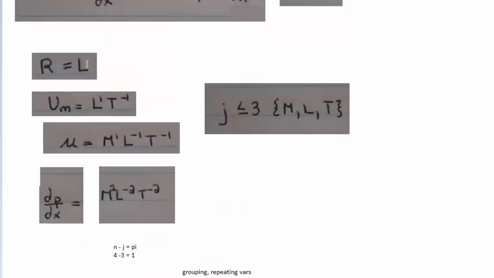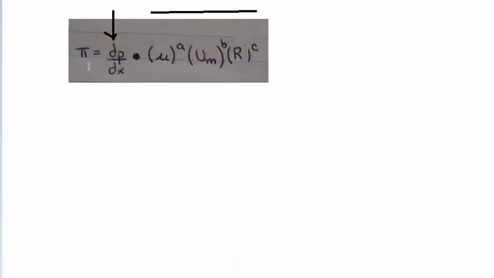Now you know that this pi group needs to be dimensionally homogeneous. So what we're going to do is we're going to take the dimensional representation of each of these variables, and we're going to plug them in here and see what the algebra looks like for that. And it will look like this. So don't get confused as to where these came from.